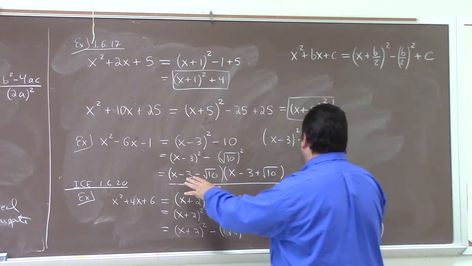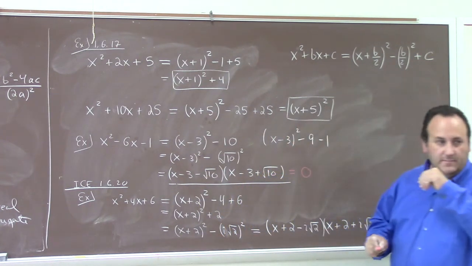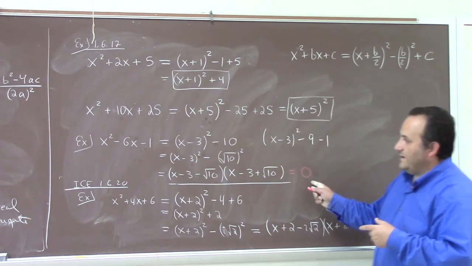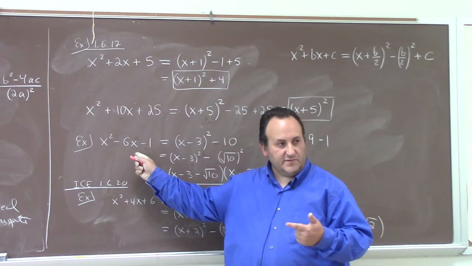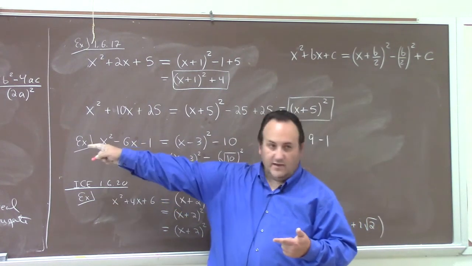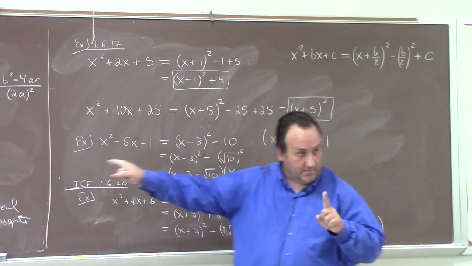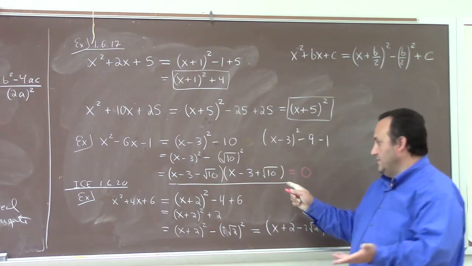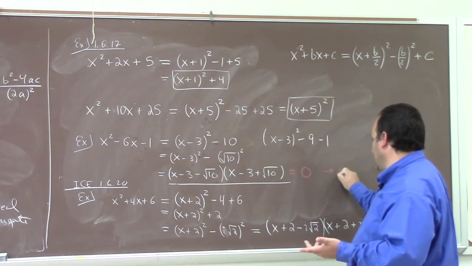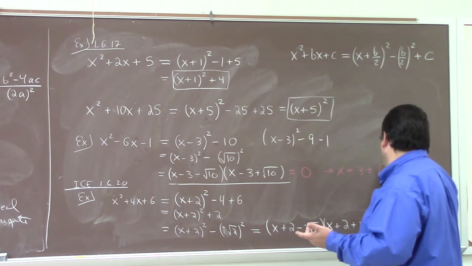If I look at this equal to 0, yes, I could go back and say a equals 1, b equals -6, c equals -1, plug those numbers into the quadratic formula and find the solutions. Or I could use the factoring that we had done and say, aha, this equals 0 gives me solutions x equals 3 plus or minus the square root of 10, right?